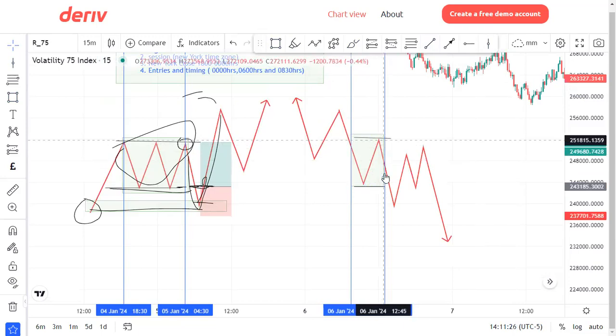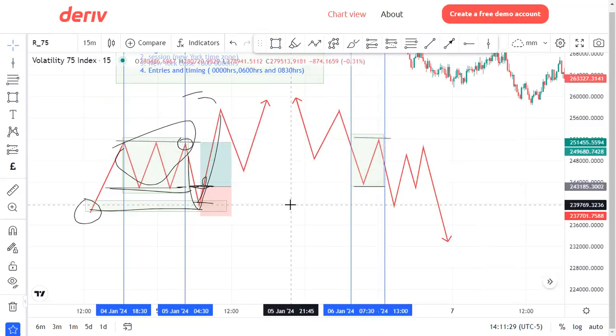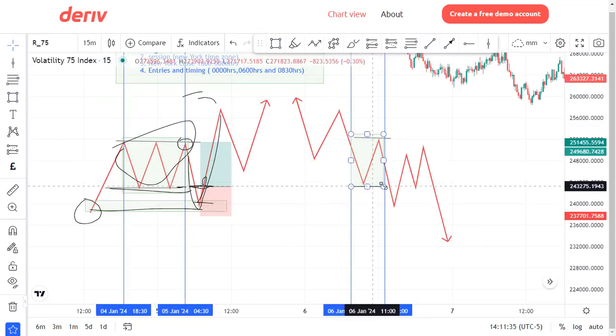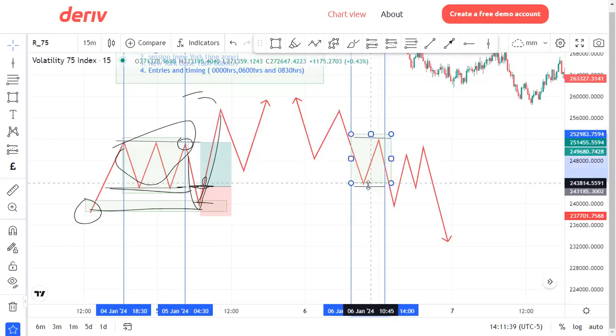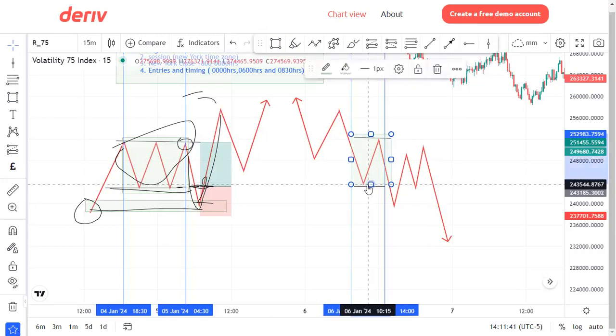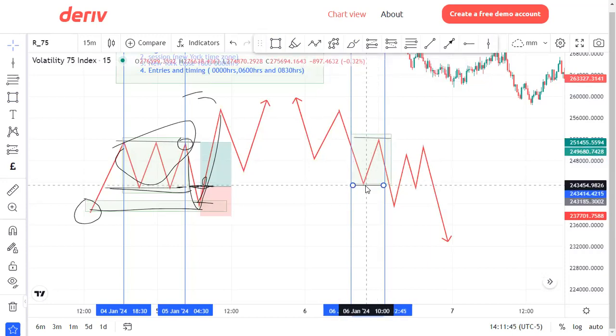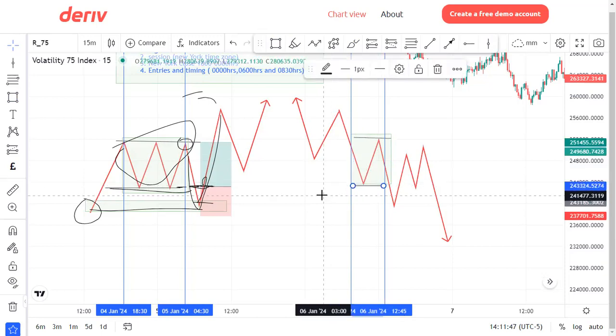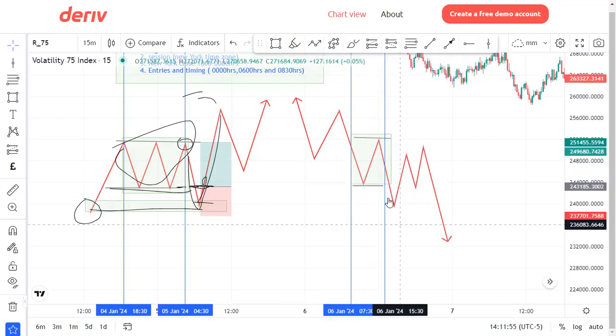When the market opens, either it seeks liquidity like this on your left, or it will break market structure. On that time frame, it breaks the session low. We call it a break of market structure, but it's a break of session low, or you find another low, it will break, then it will react to something on your left. Then you wait, because you know when you break market structure, there will be a retracement.